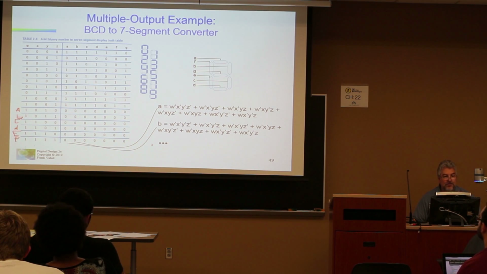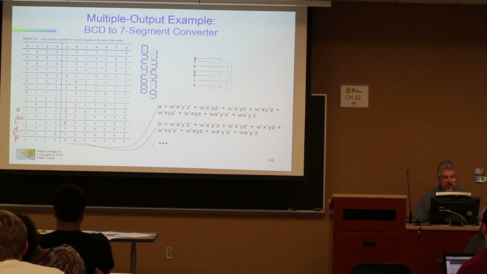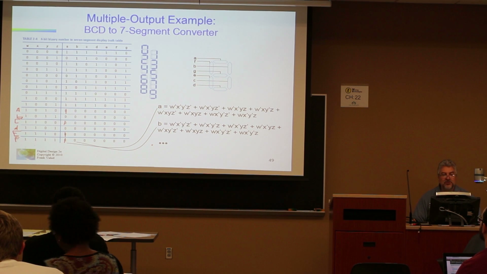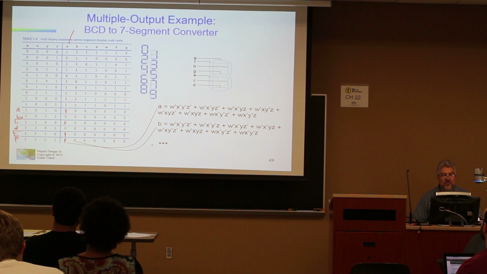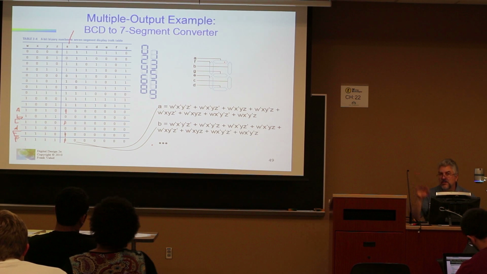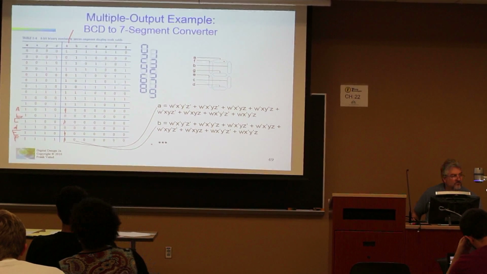Is A lit up? Yeah, that'll be lit up, right? B, no. C, yes. D, no. E, yes. F, yes. I want you to represent the logic needed to light up A in a Kmap and then minimize. Take a few minutes to do that with a neighbor next to you.